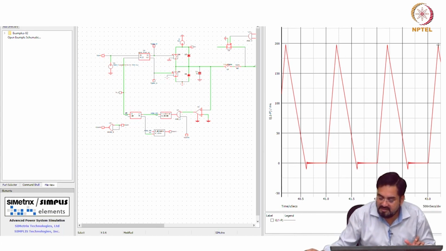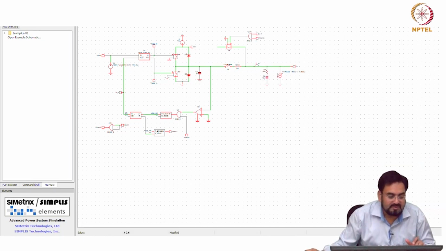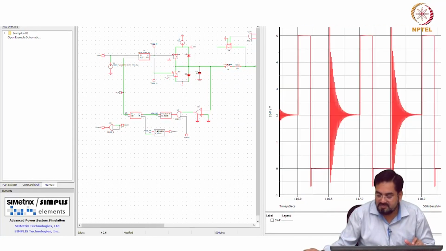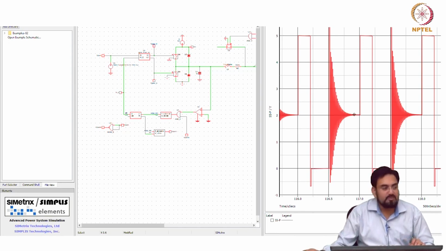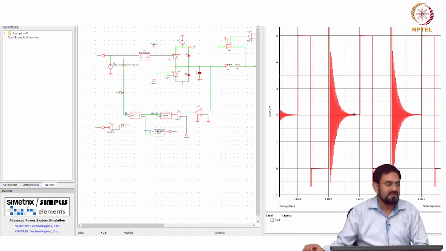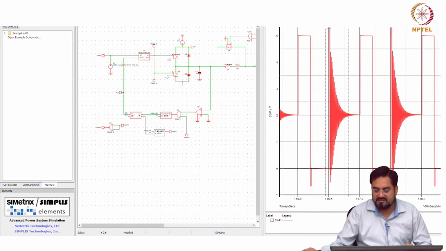Now let us look at the output. See, your VSW node has to return to the output voltage because it is a high Z. But before it settles to the output voltage, which is 2 volt here, okay, it is ringing a lot here.